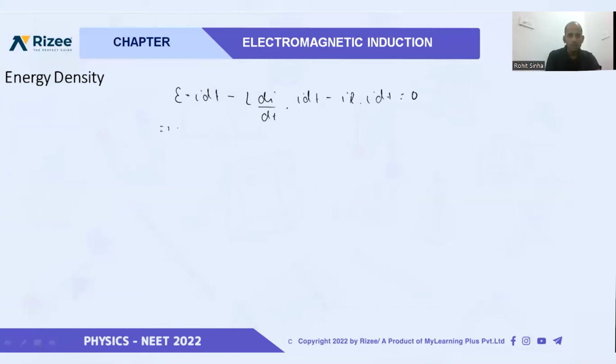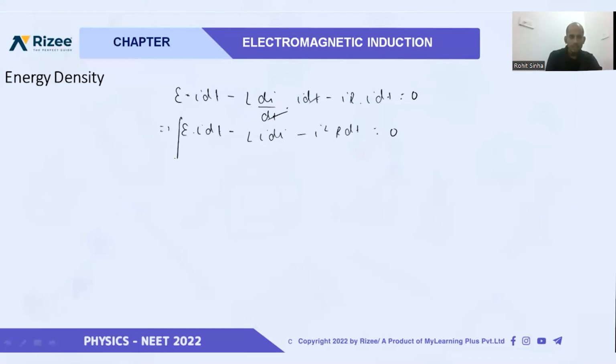See what it comes to: E I dt minus, dt cancels here, L I di minus I square R dt equal to 0.